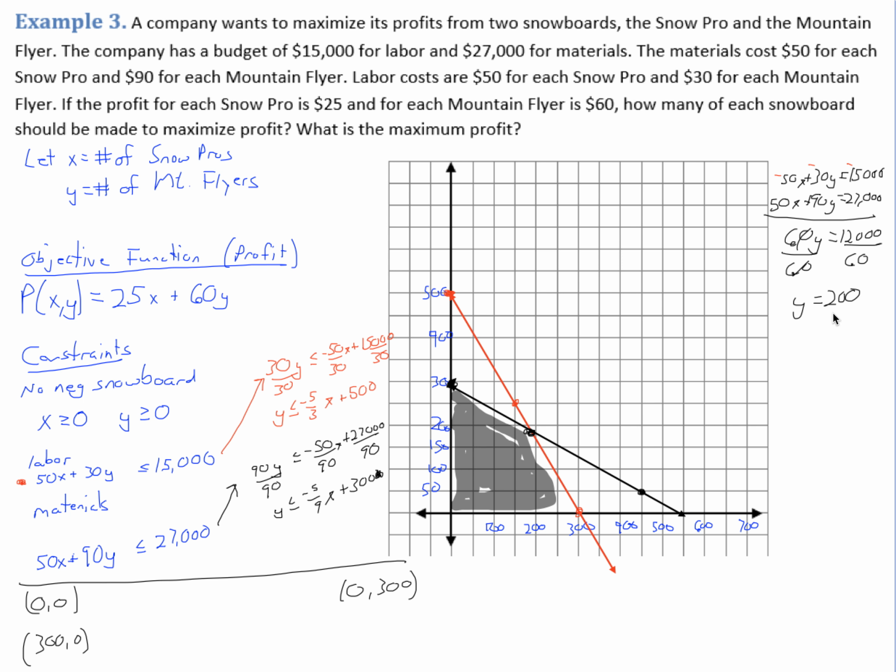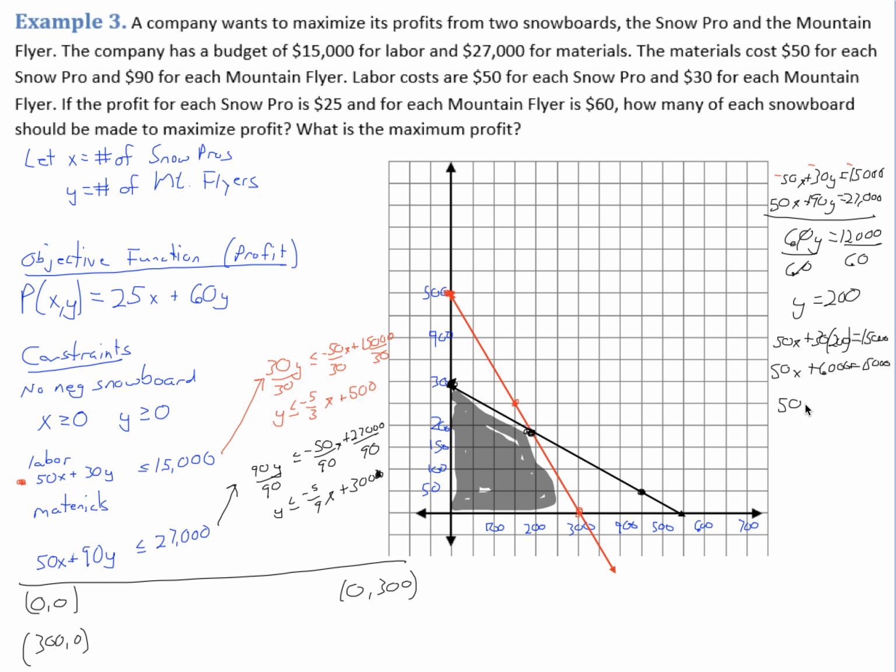So y is 200, and now we need to find x, so we can plug that back into one of these two. Let's take the top one. So we have 50x plus 30 times 200 equals 15,000. So this is 50x plus 6,000 equals 15,000. Subtract 6,000 from both sides.